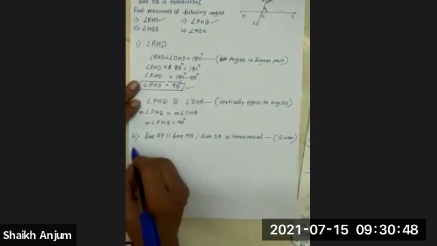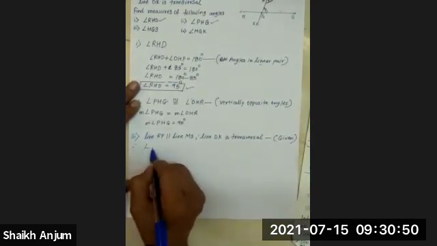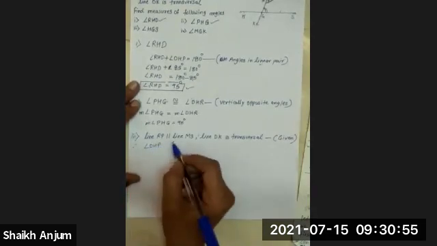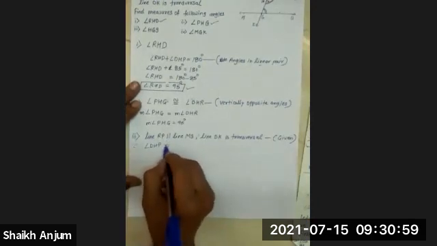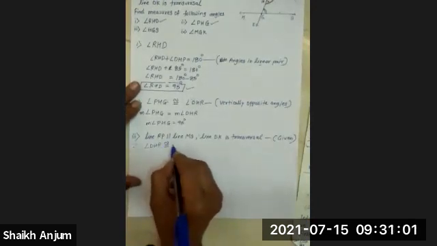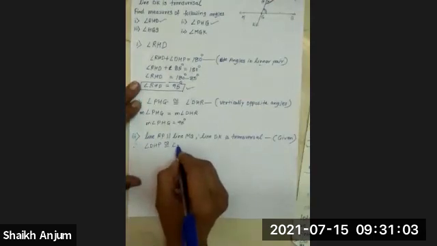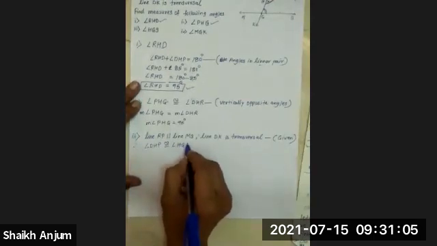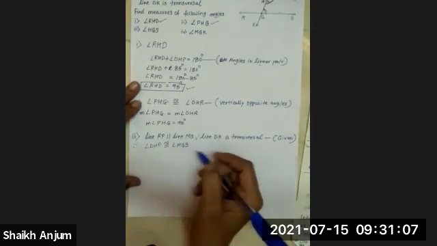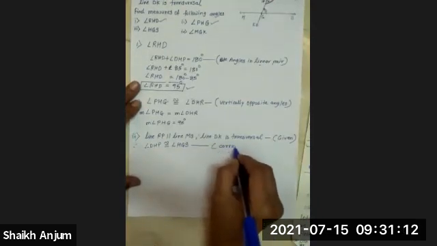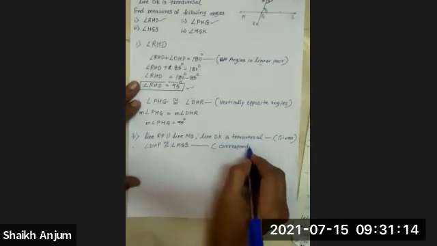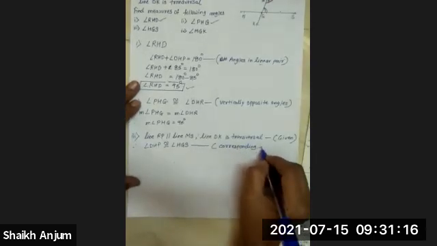Therefore, angle DHP is congruent with angle HGS, and it is a pair of corresponding angles.